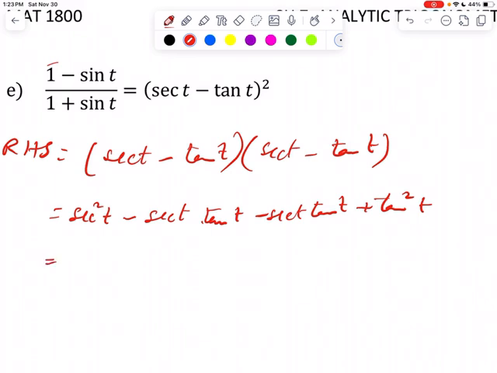So this gives us secant square t minus 2 times secant of t into tangent of t plus tangent square t.